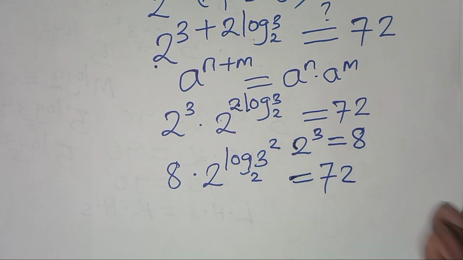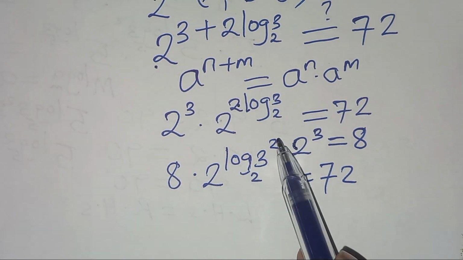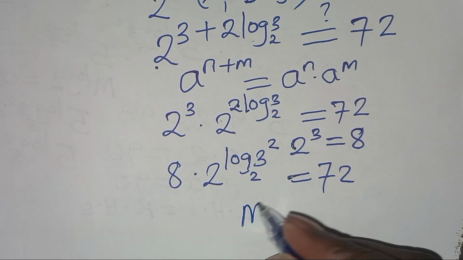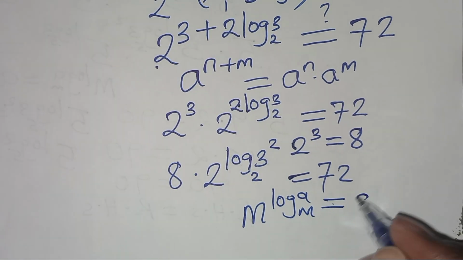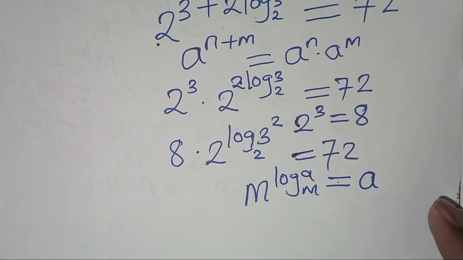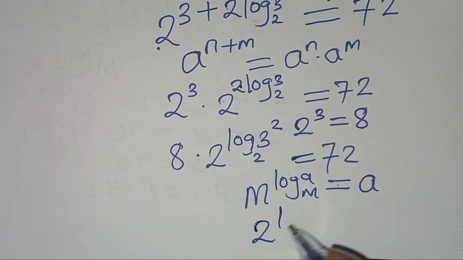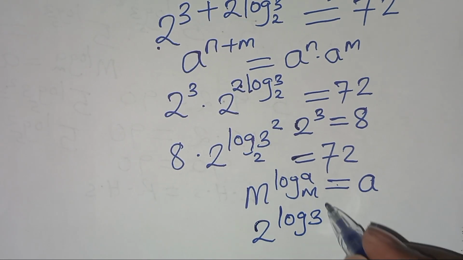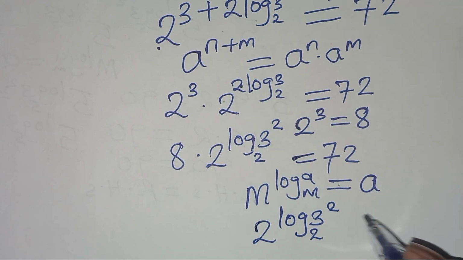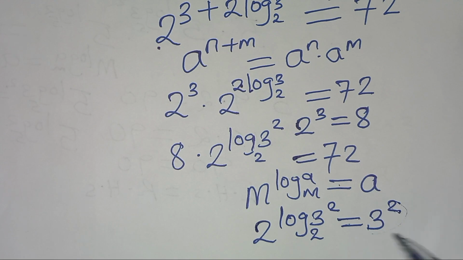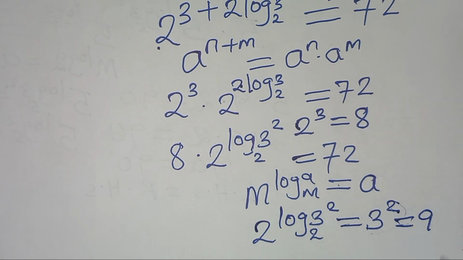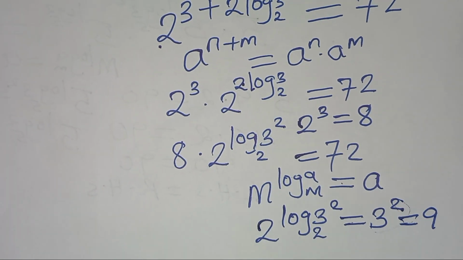The next step here, you find that 2 to the power log 3 squared to base 2 is in the form of m to the power log a to base m, and this should give us a value of a. Therefore, 2 to the power log 3 to the power 2 to base 2 is the same thing as 3 to the power 2. And 3 to the power 2 is the same thing as 9. So let's substitute this 9 here.